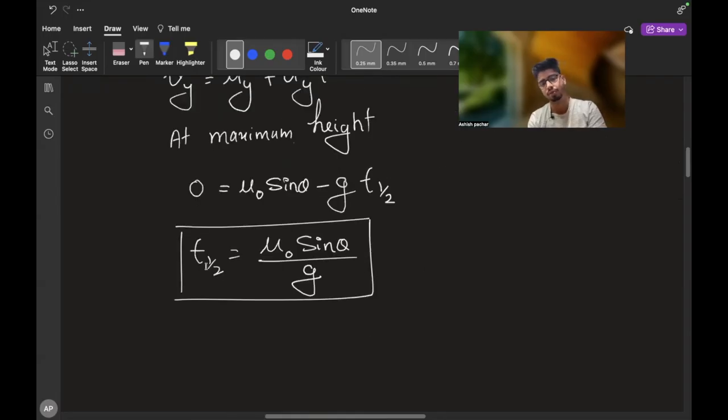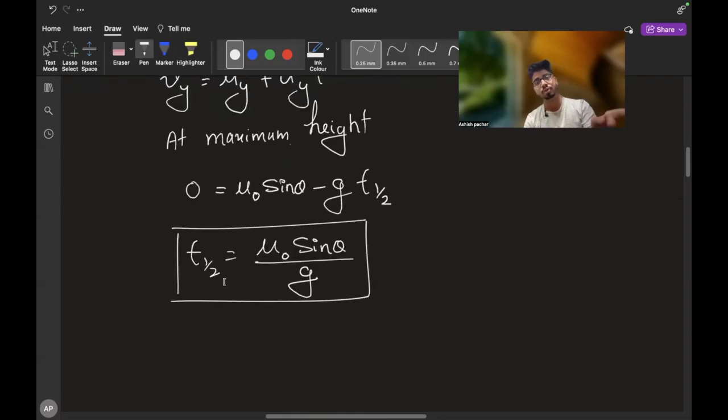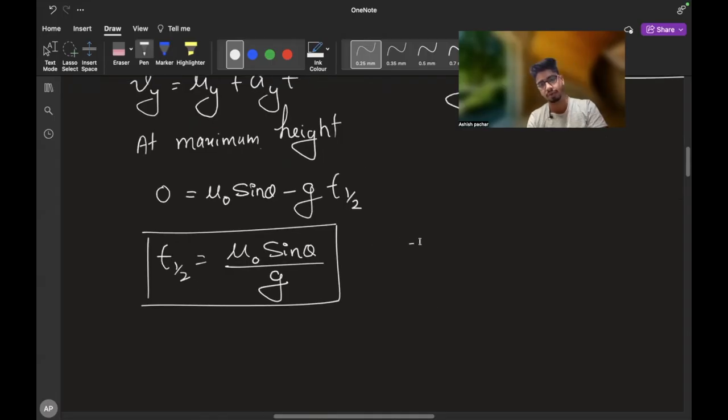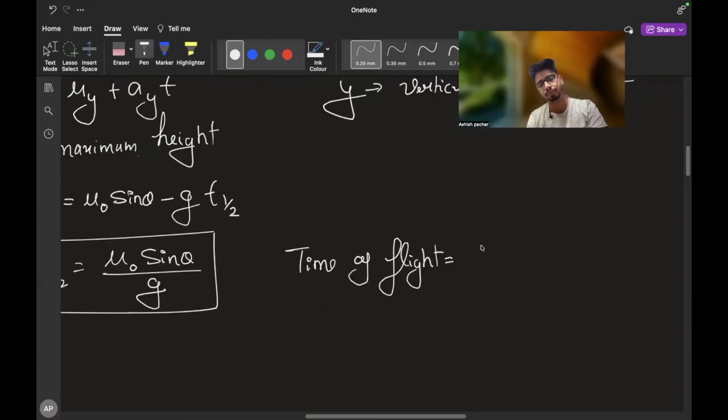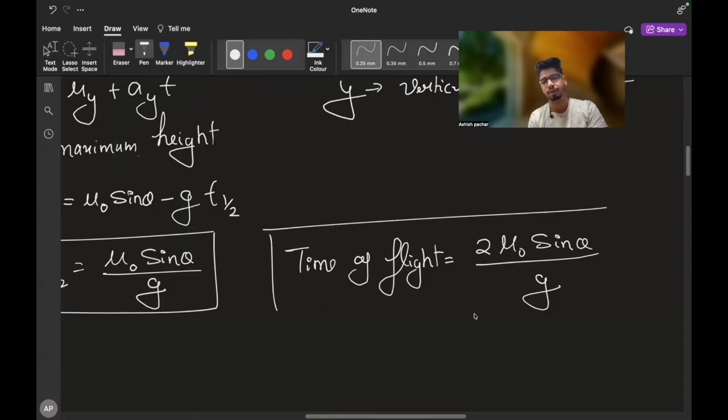This is half of that, so the total is double that, obviously. The total time period we call the time of the flight. Time of the flight is 2u sine theta by g. So that is the time of the flight that we have.